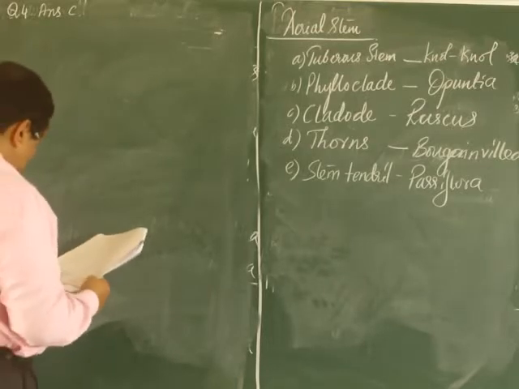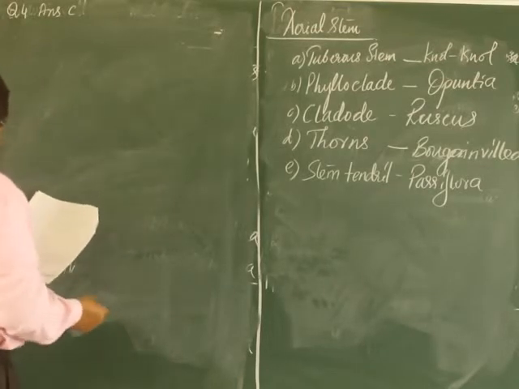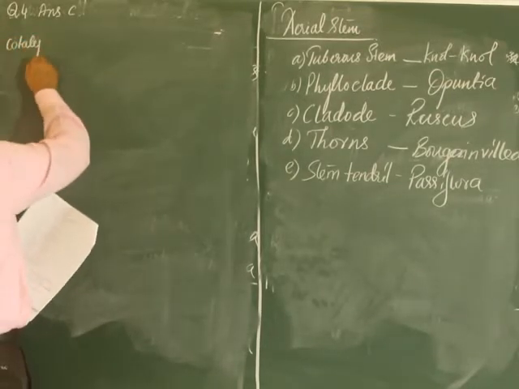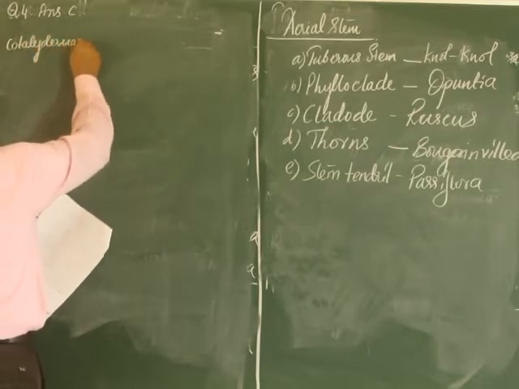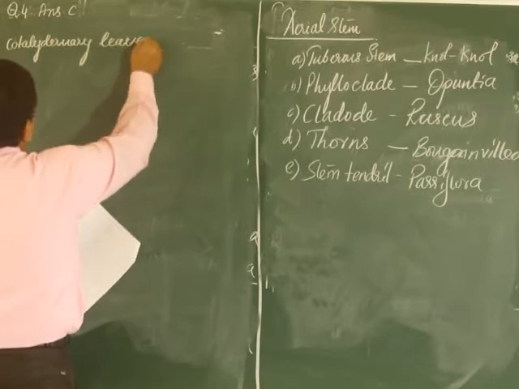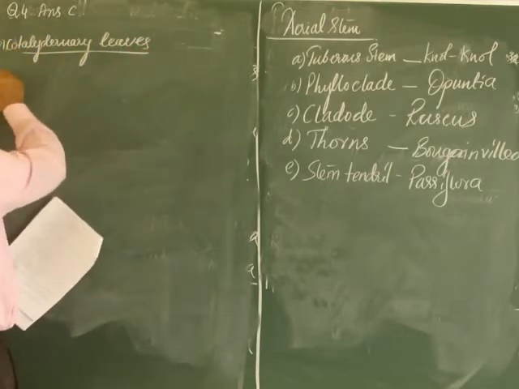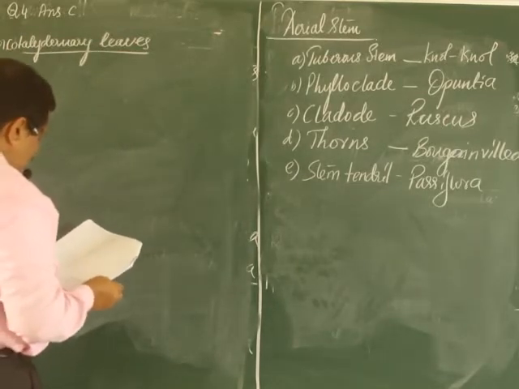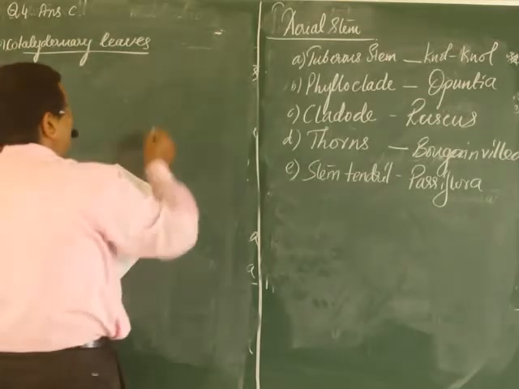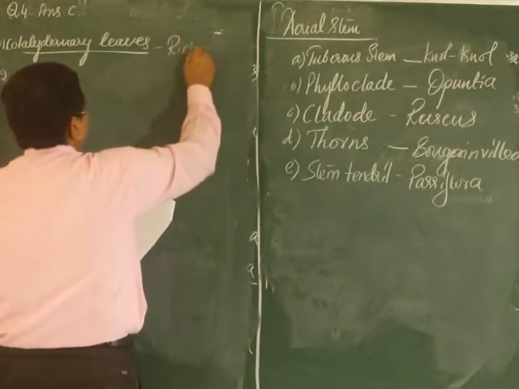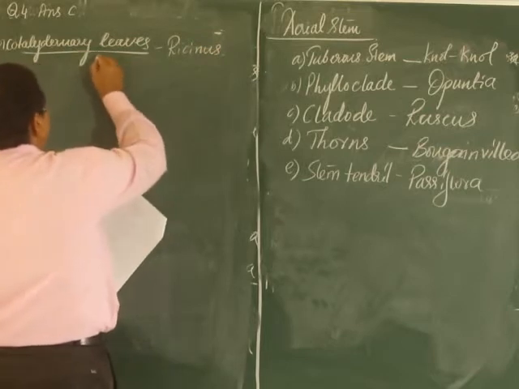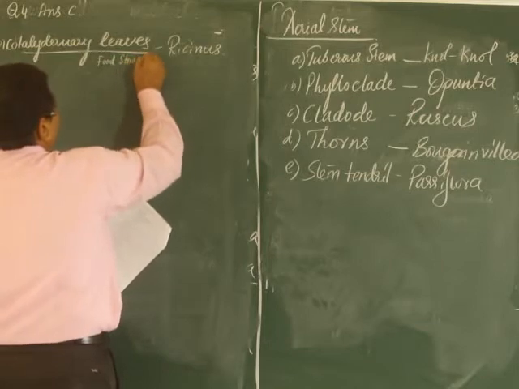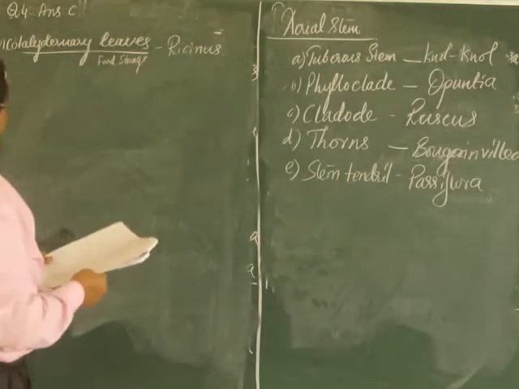There are following different types of leaves. One is called cotyledonary leaves. I think you might have seen this type of leaves in young plants, cotyledons, and it is well developed in resinous plants, and it stores food. Food storage is the function. It provides the food for the developing plant.